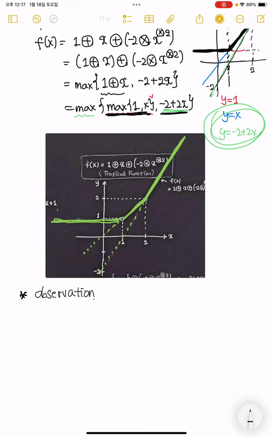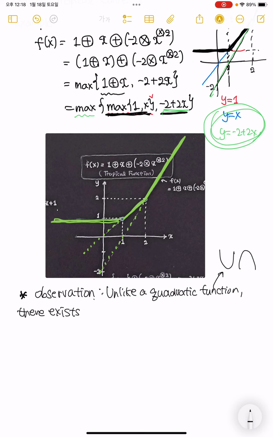The remarkable point is that, unlike a quadratic function, which means a paraboloid, as you know, that function is continuous, and also everywhere differentiable.